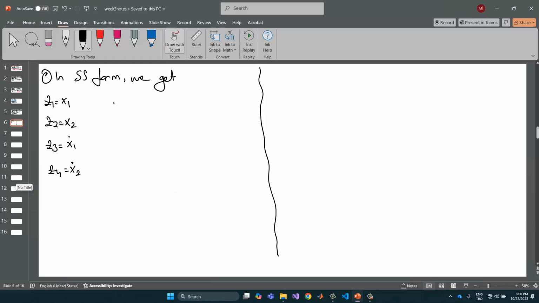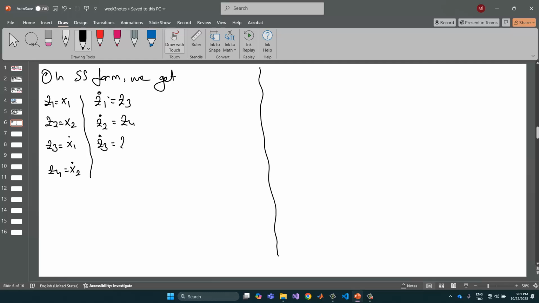Okay, and so what's the value of z1 dot? No, z3. And what is the value of z2 dot? z4. And what is the value of z3 dot? This is the x1 dot, which means that this is equal to x1 dot dot, right?